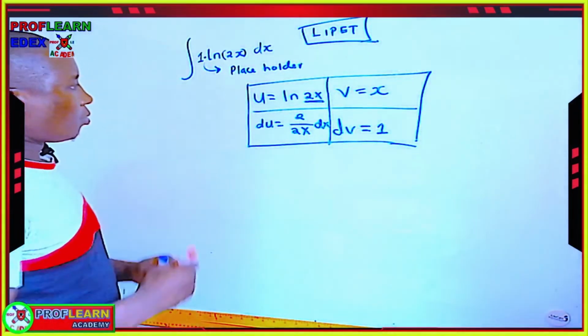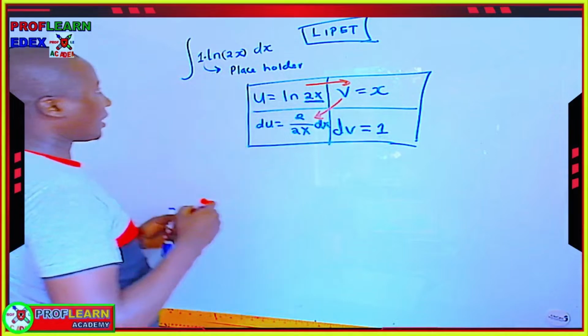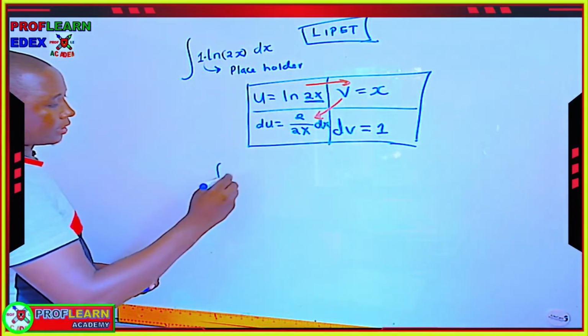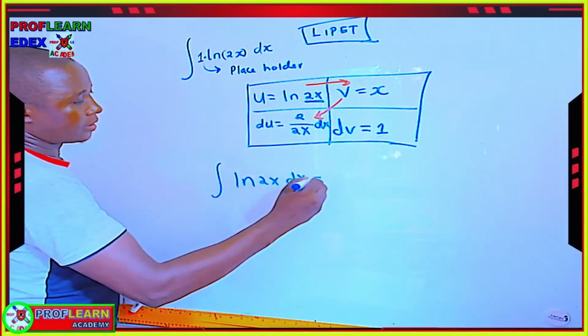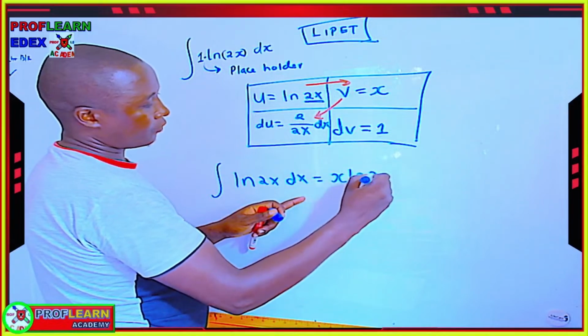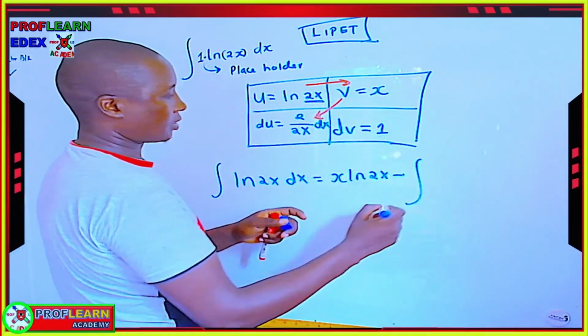So we are going now to multiply diagonally, and we said that if you are integrating the integral of ln of 2x with respect to x, this is going to translate to x ln of 2x. Then multiplying here, we shall subtract.